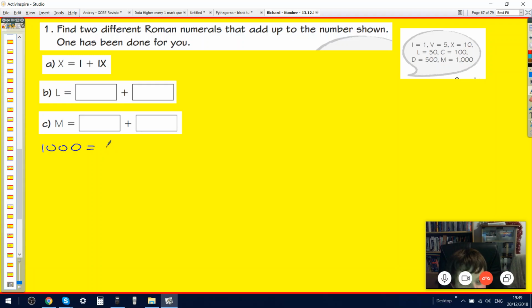And in this case, they didn't have to be 2 different numbers, did it? Oh, it did. It says find 2 different Roman numerals, so they have to be different. So for this one, it didn't have to be very different.